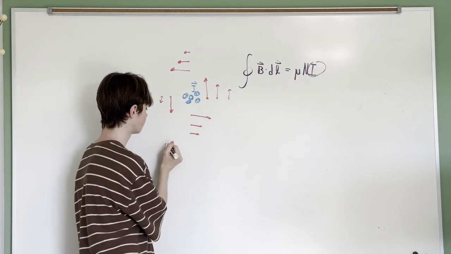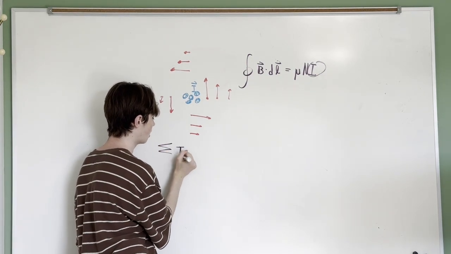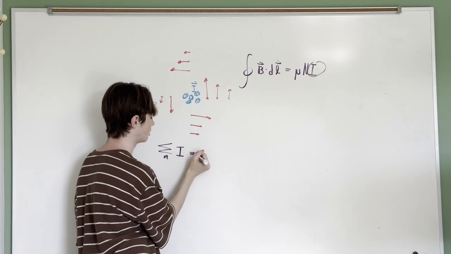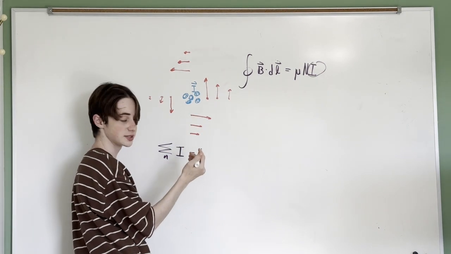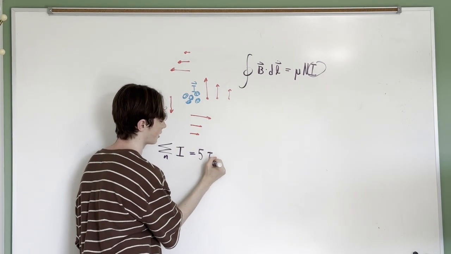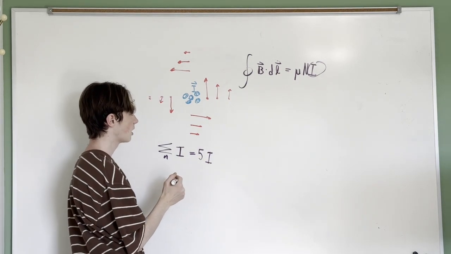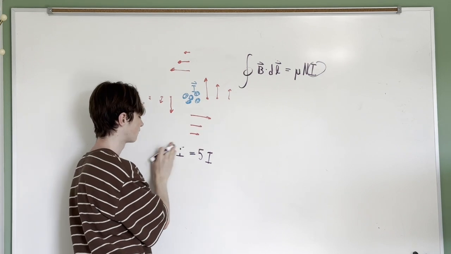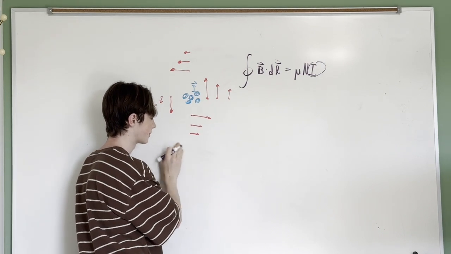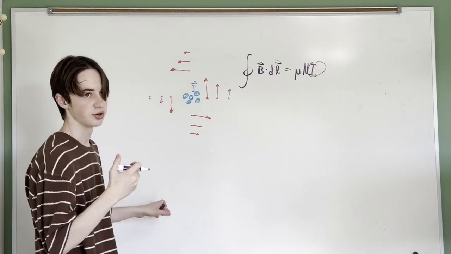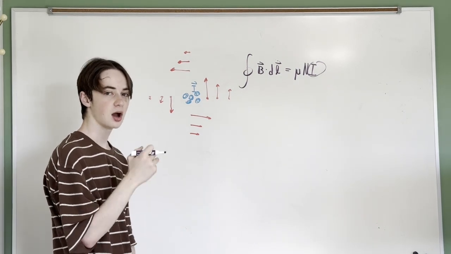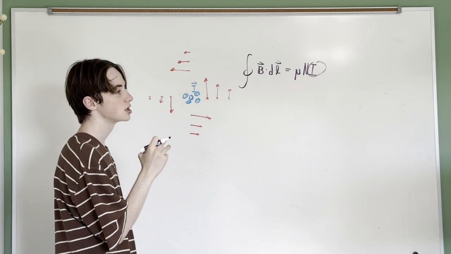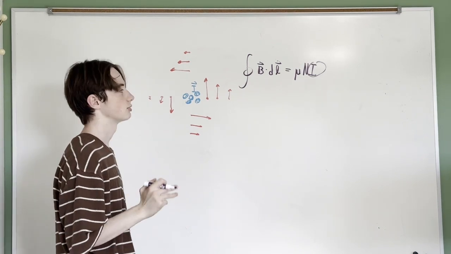So we'd have the sum of I equal to the sum of all 5 wires, and if they all have the same current, we just have 5I as the total current. That's why we have N I: if we have multiple wires with the same current, we treat it as the total current. That N will always accompany I in equations like this, but you can drop the N in scenarios where it doesn't make sense.